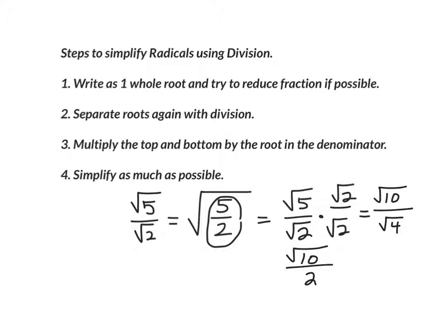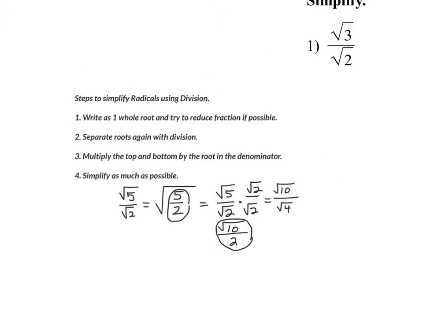So now you'll notice that the square root on the bottom has gone away. This would be my simplified answer. This is what I'm talking about in step 4, simplify as much as possible. So that's just some steps as we look at examples of what to do here.